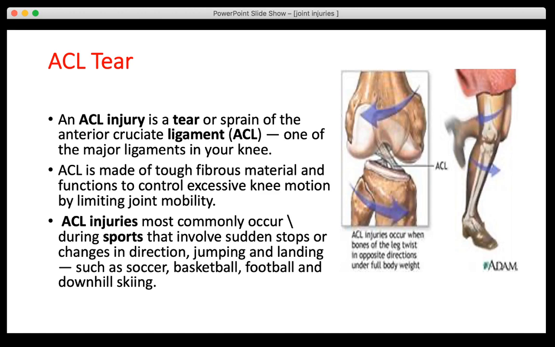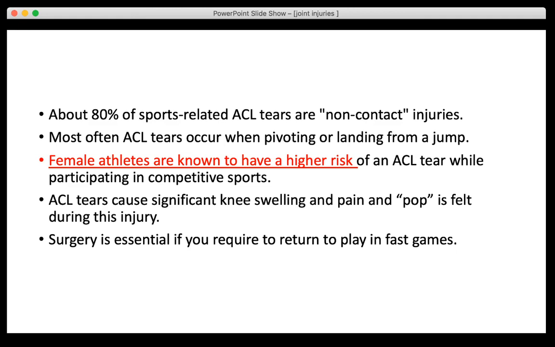So all the games which require rapid movements and rapid change of movements, rapid running, like soccer, basketball, football, hockey, will have this kind of knee injury, ACL injury. And the next slide has shown you that 80% of sports-related ACL tears are non-contact injuries, meaning these are due to wrong technique.